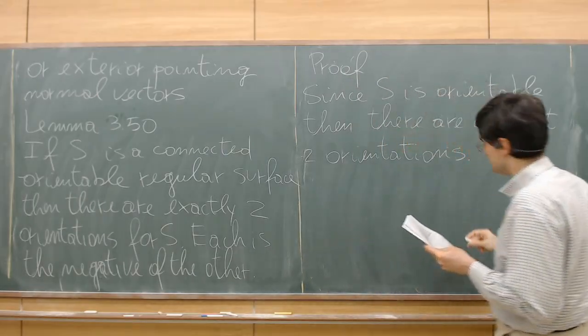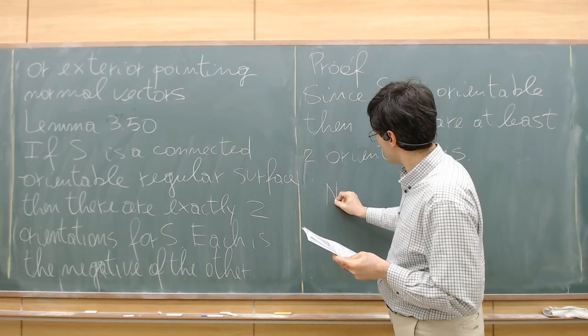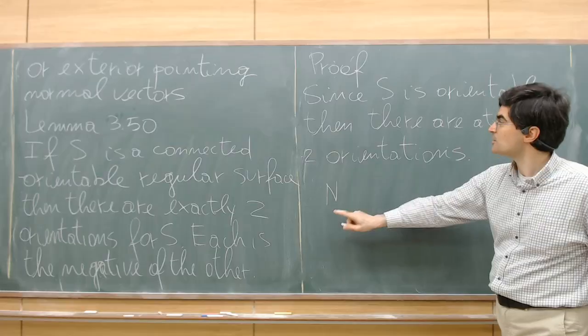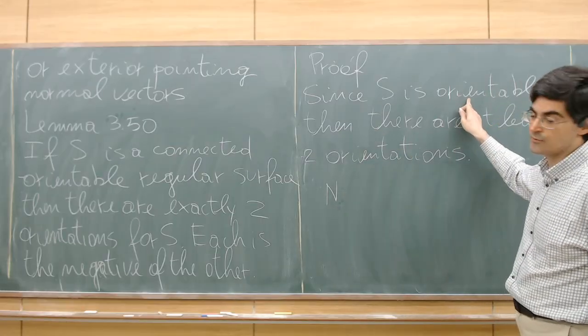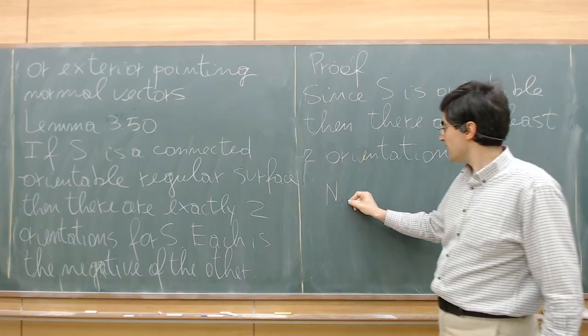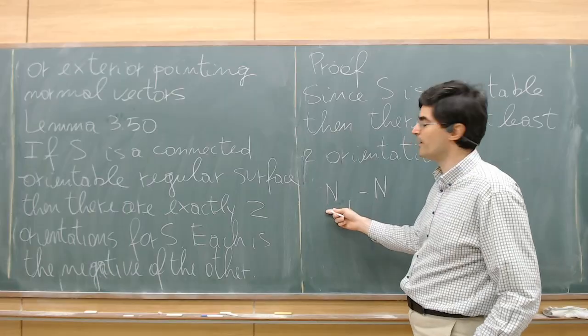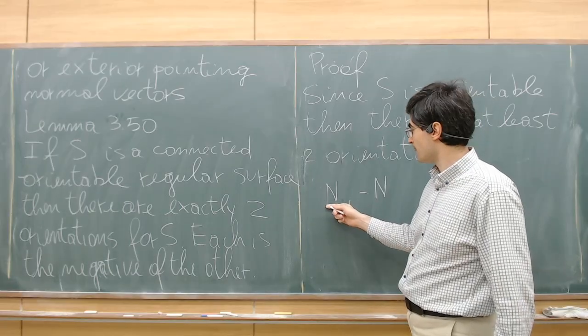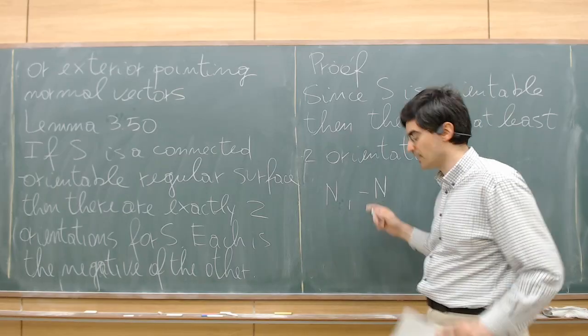They are N, and this is one orientation which exists because the surface is orientable, and the second one is minus N. So you take all the vectors of the first orientation and you change their direction.